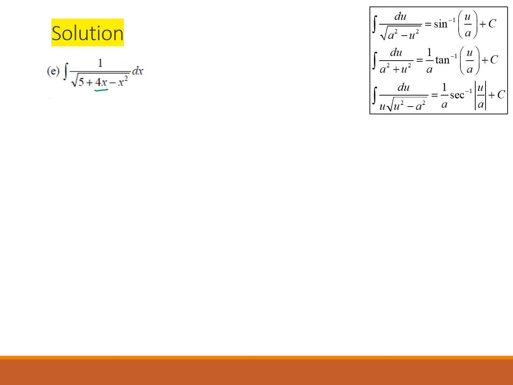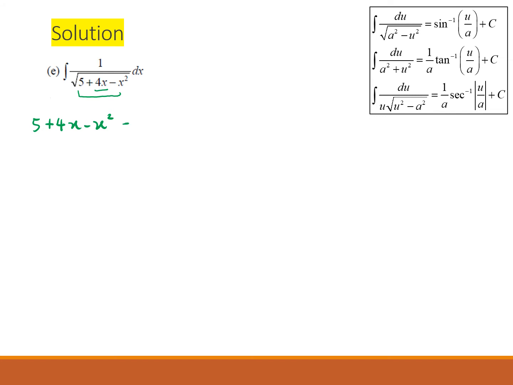We can simplify this equation by using completing the square. First, we solve the 5 plus 4x minus x squared by using completing the square in order to simplify the algebraic expression into a simpler form.